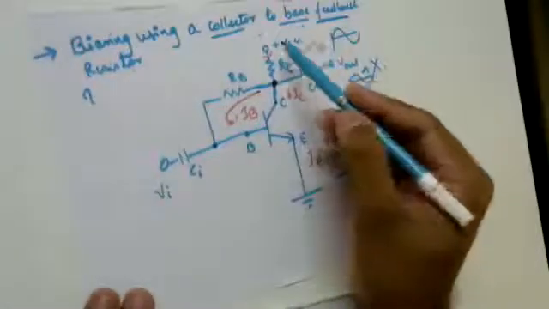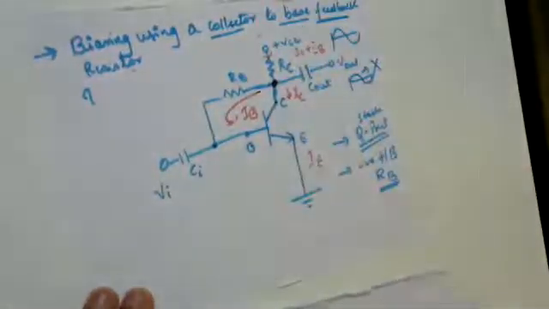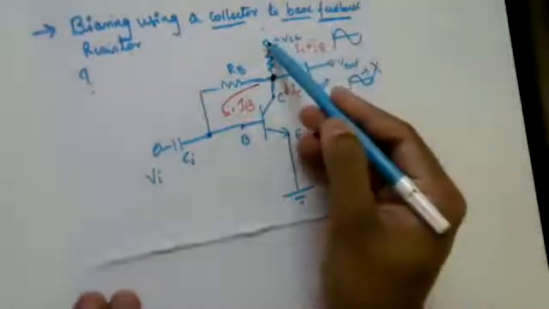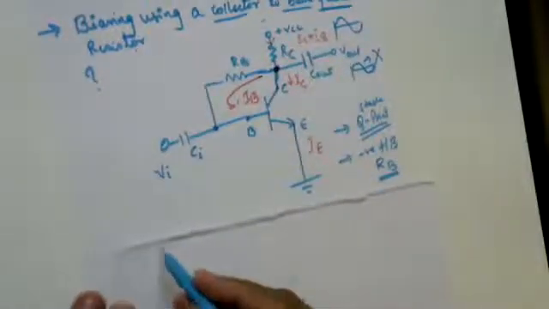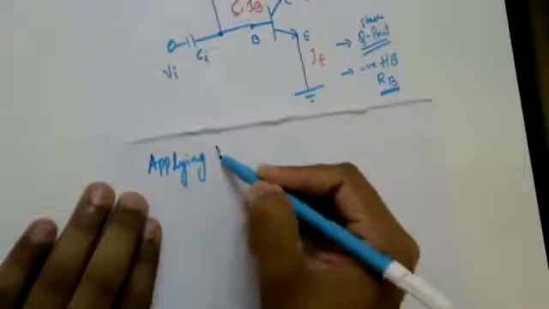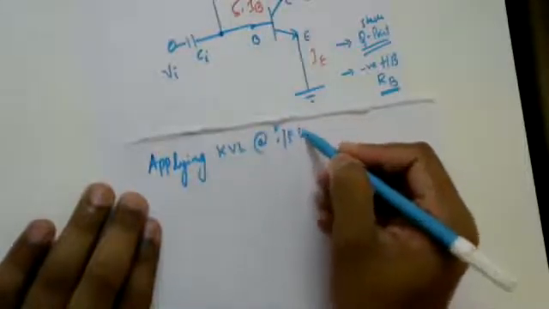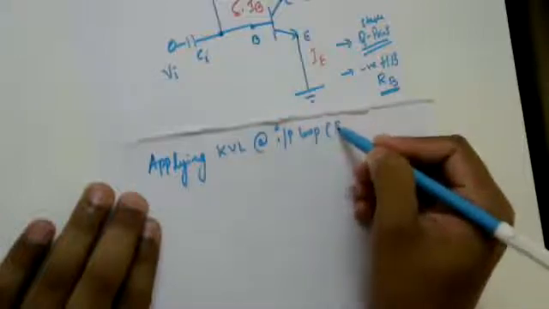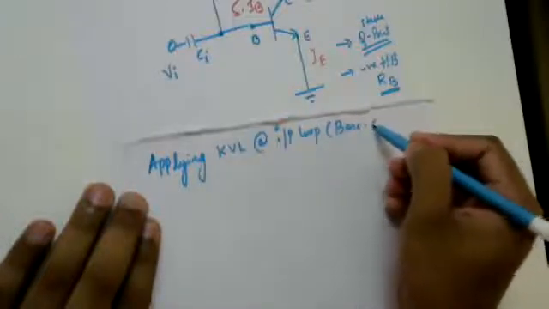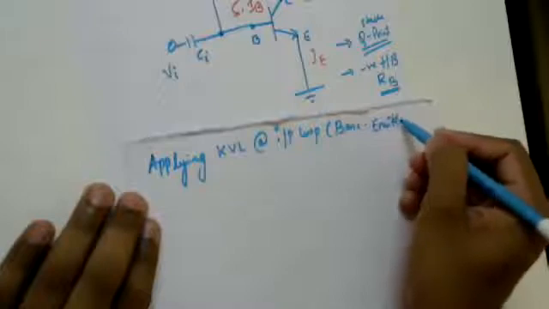So if I start from this VCC, since this positive terminal is used, let me say applying KVL at the input loop, or you can also call it the base emitter loop.